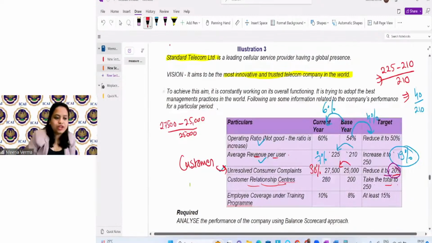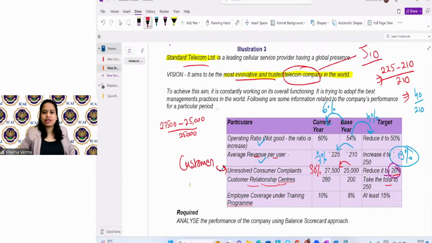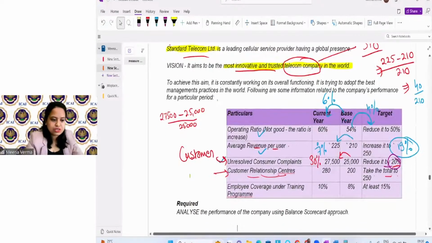So the point is, what is the nature of the business? Telecommunication, like phone, like Jio. Jio is a telecommunication company. So what is the normal business of the company? To develop the relationship with the customer. So see, this point will go to internal business process.